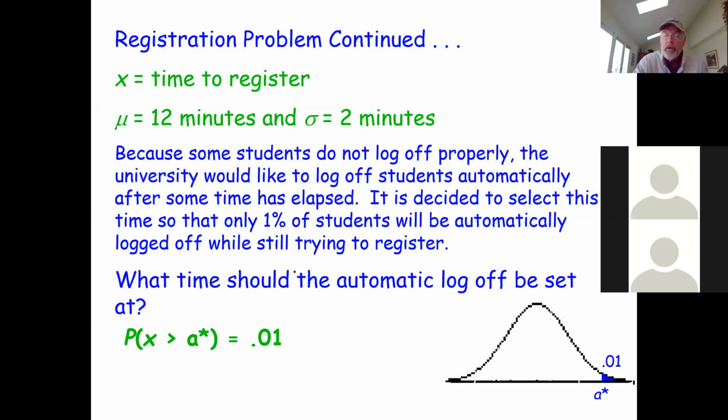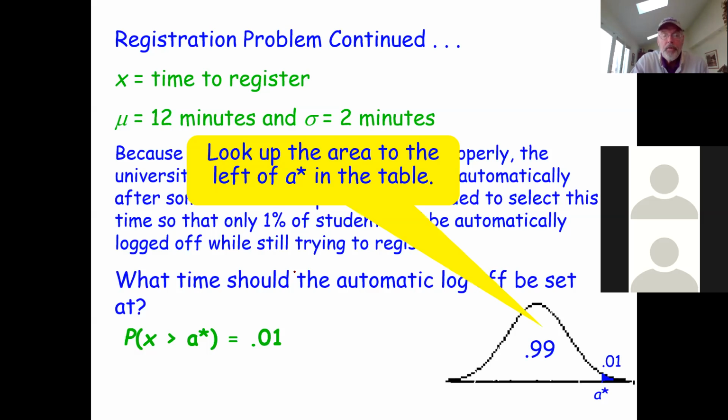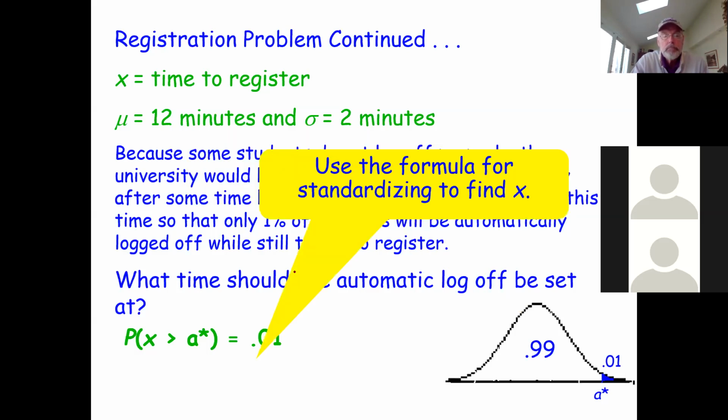All right, so here is 0.01, very unlikely. We want to get a z-score that goes along with that. The z-score would be associated with 0.99, and we get a z-score.